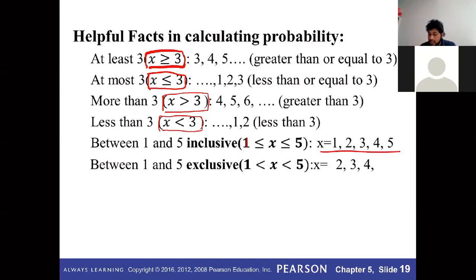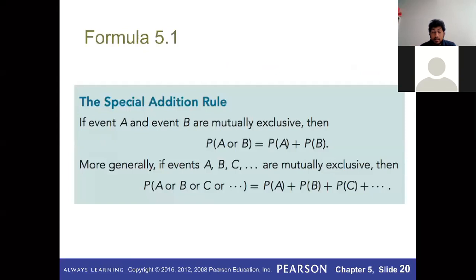But between 1 and 5 exclusive means all values strictly between 1 and 5, which means except 1 and 5. So this is really important.